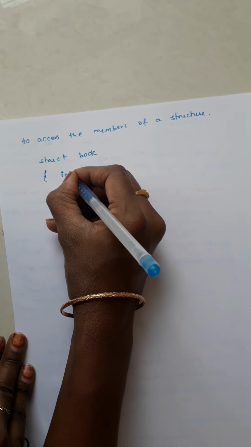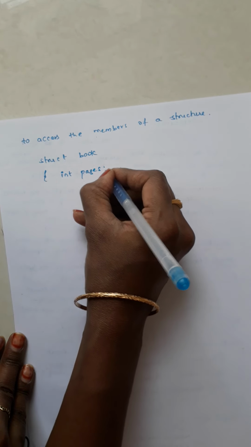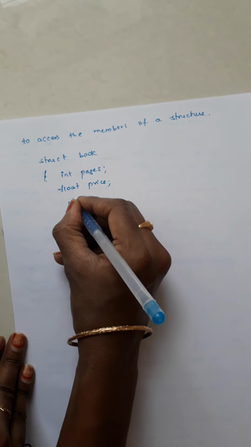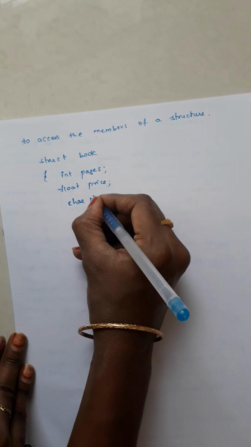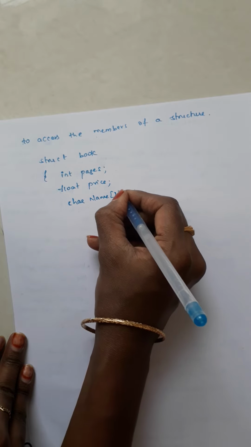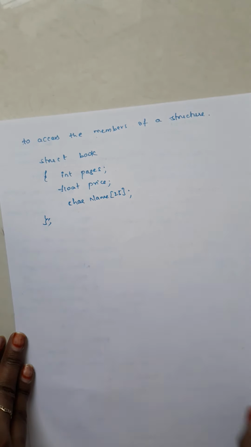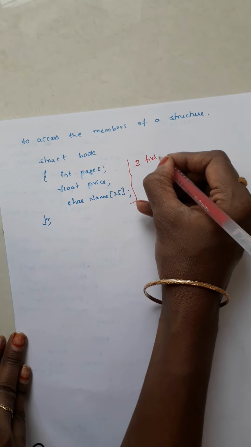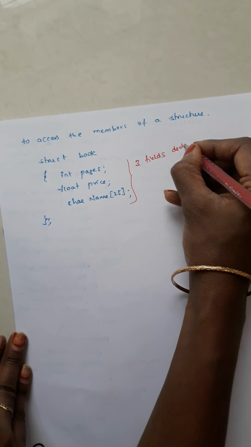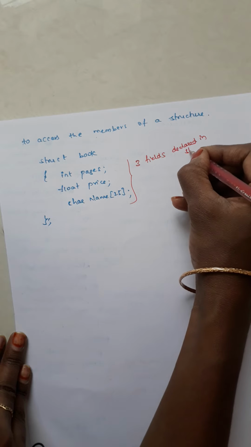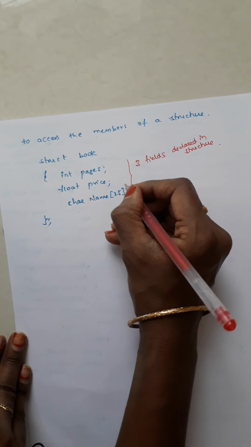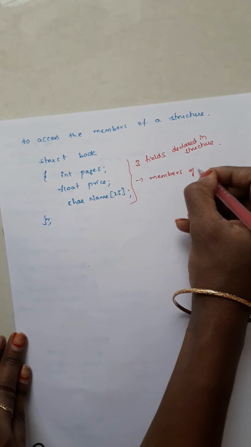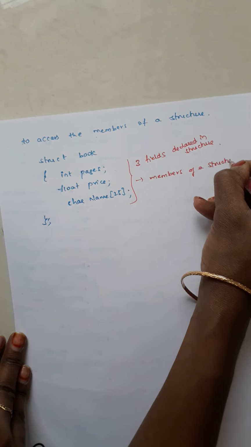These are the members: int pages, float price, char name of 25. These are the three fields declared in the structure, and they are also called the members of a structure.